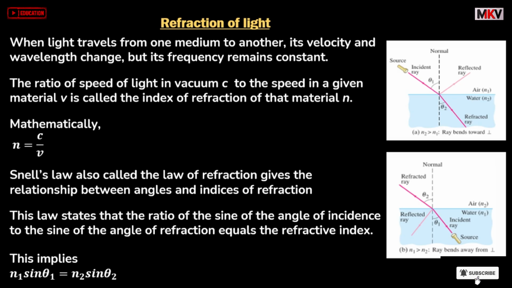We can use this relation to find the refractive index of specific media in context. So if, let's say, the light is moving from glass to water and we don't know the refractive index of the glass, we can use this relation to find it.